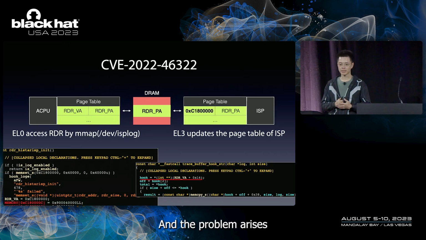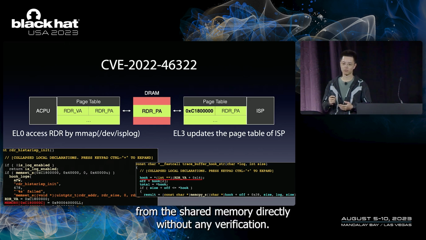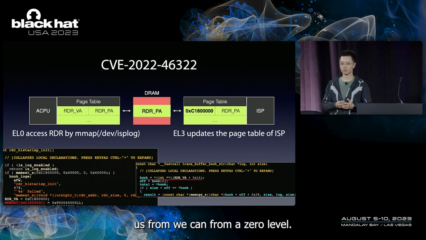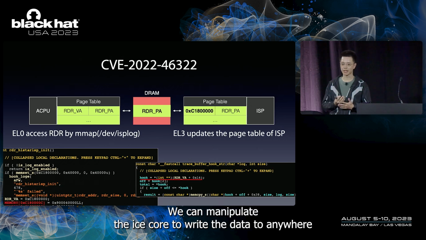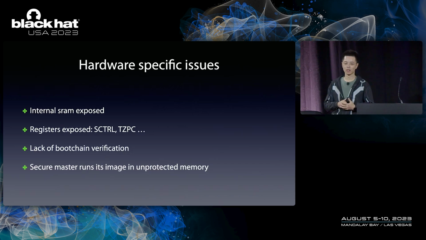The problem arises when the ISP core uses the pointer from the shared memory directly without any verification. This allows us, from the EL0 level, to manipulate the ISP core to write data anywhere we specify with memory copy.